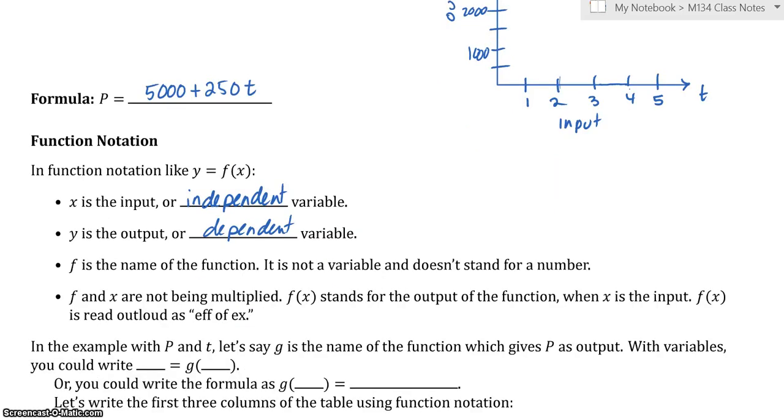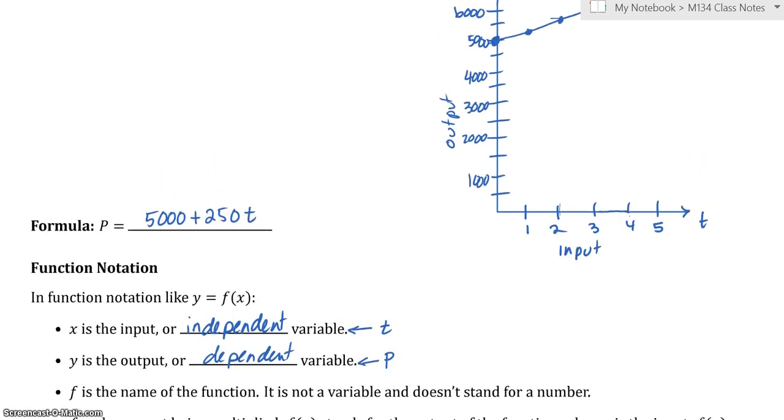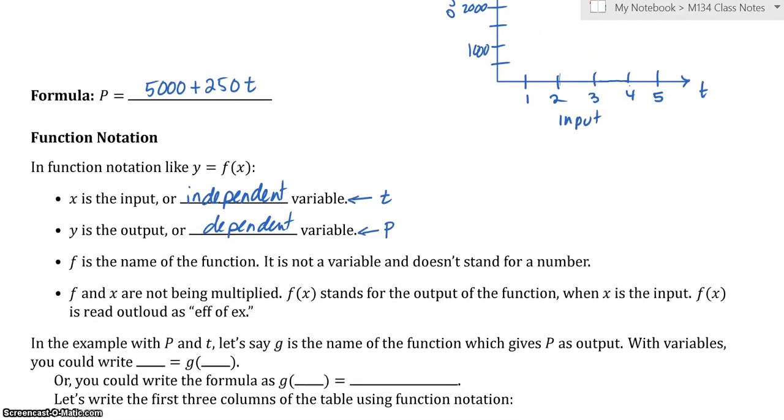In the example with P and T, our example 1, let's start with independent. Independent is T, and the output was P, right? The independent was T, the output was the P. And so you need another letter for the name. So let's say G is the name of the function.